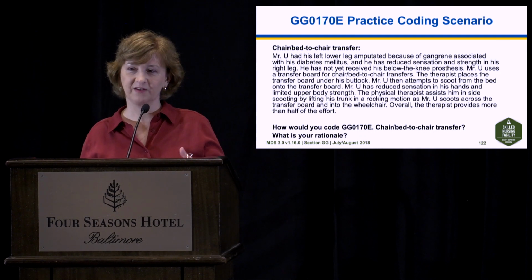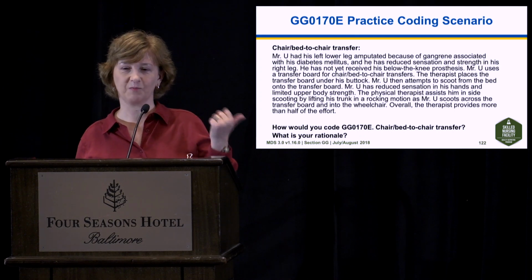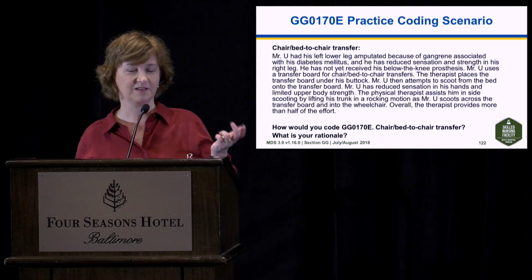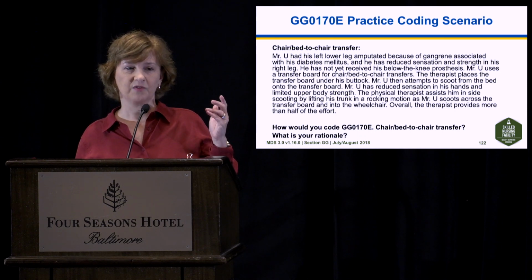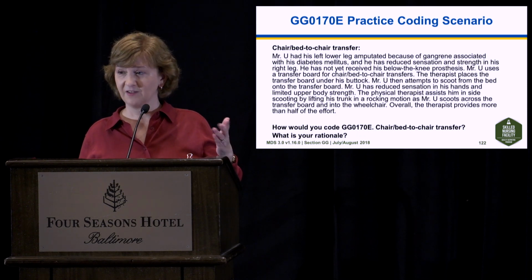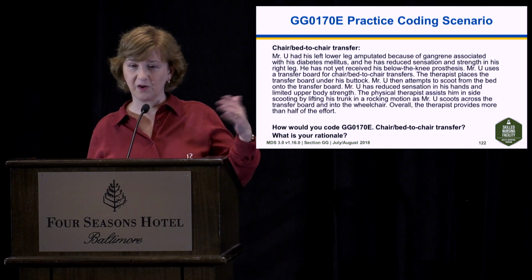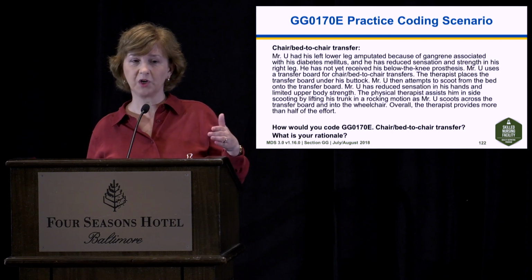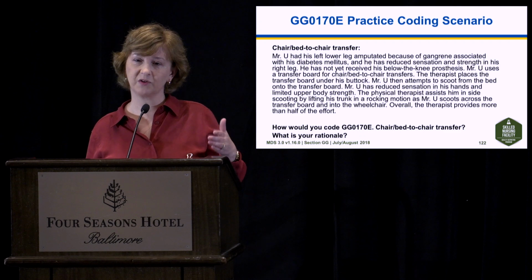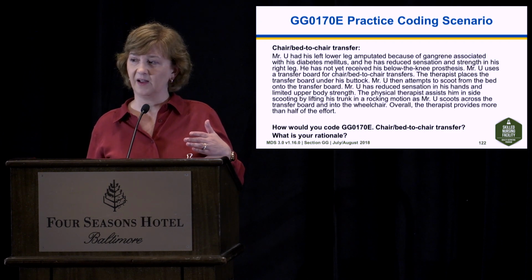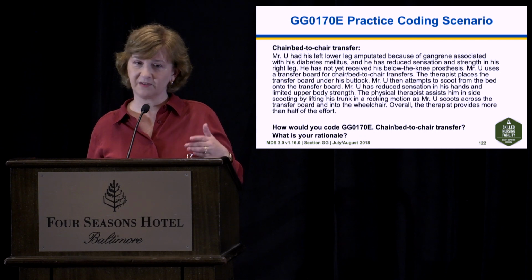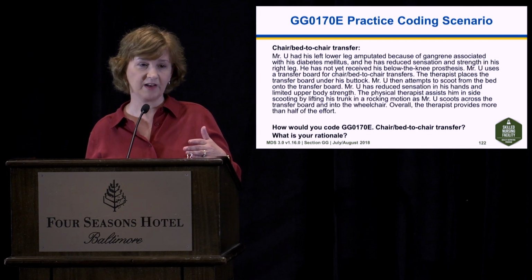So let's walk through the decision tree. So there's a helper, it's more than setup, it's more than touching, supervision. So then the question is, so there's lifting that's being done, so it's either a 3 or below. So you would code 3 if the resident was doing more than half of the effort. You would code a 2 if the resident was participating but the helper was providing more than half of the effort.